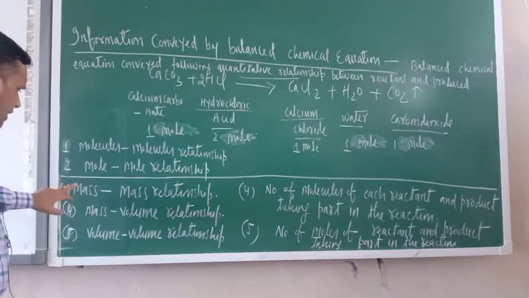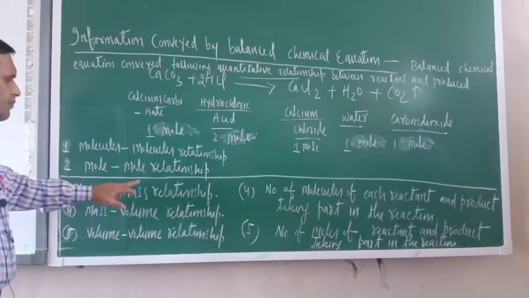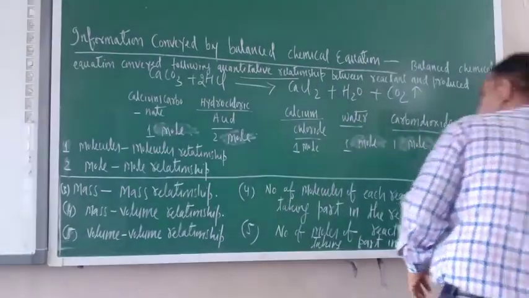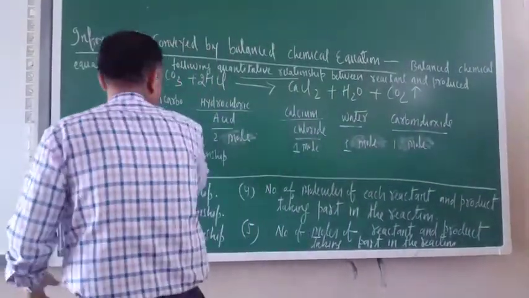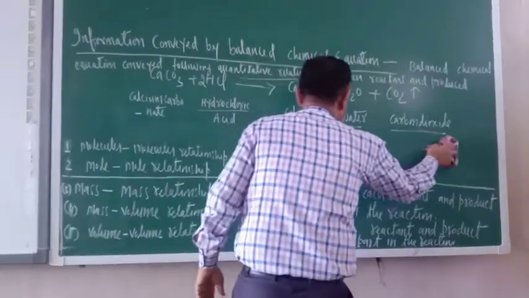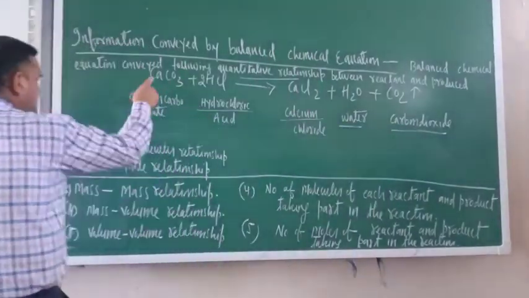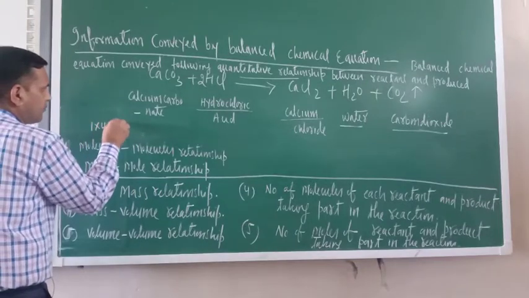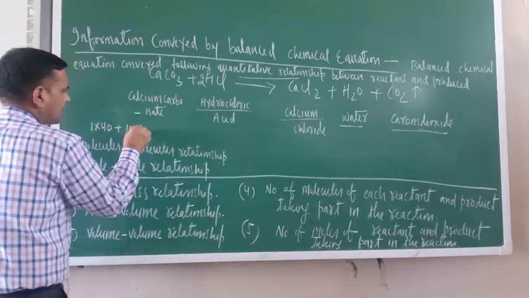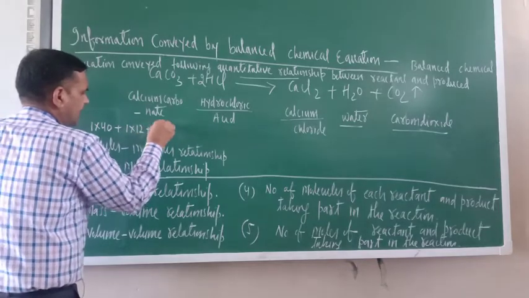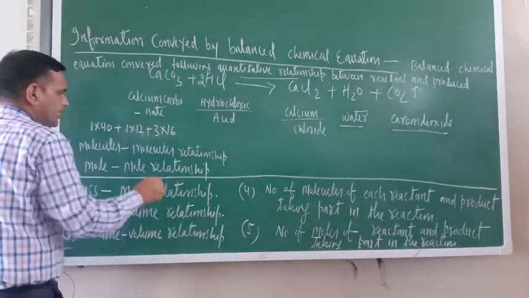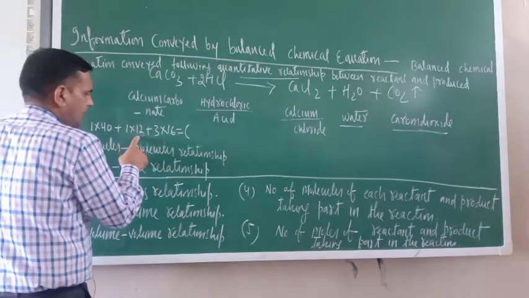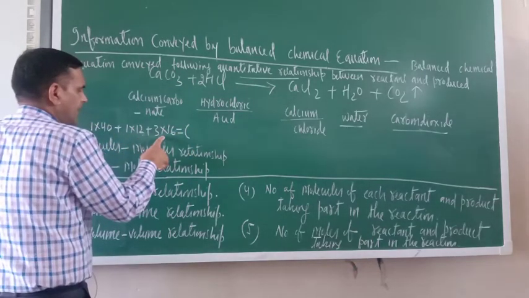Now the third one is the mass relationship. Just see what the mass relationship is. Calcium atomic mass is 40, plus 1 carbon is 12, plus 3 into 16, which is 48.